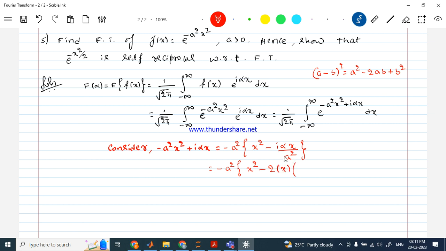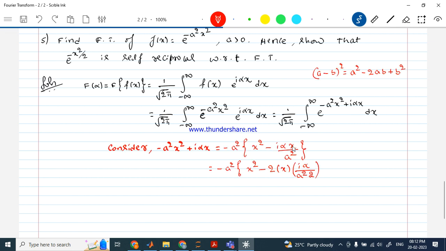Now write what is remaining: i alpha by a square. The 2 I just brought into the picture, so I need to balance between this expression and this expression. I will write 2 in this place. Now this 2 and 2 will get cancelled, so that I will get i alpha x by a square.